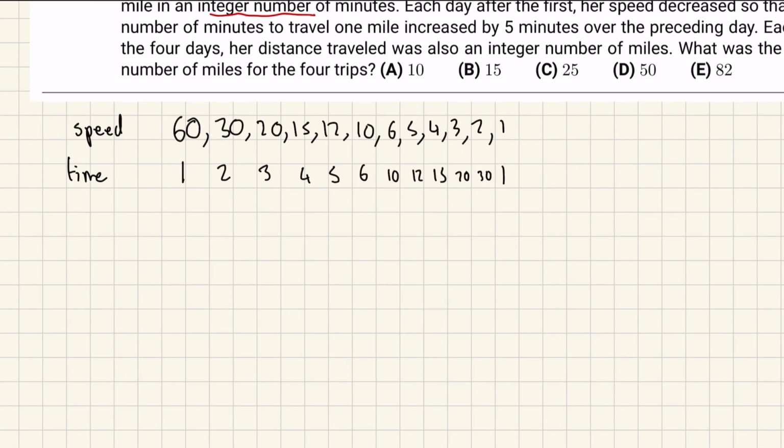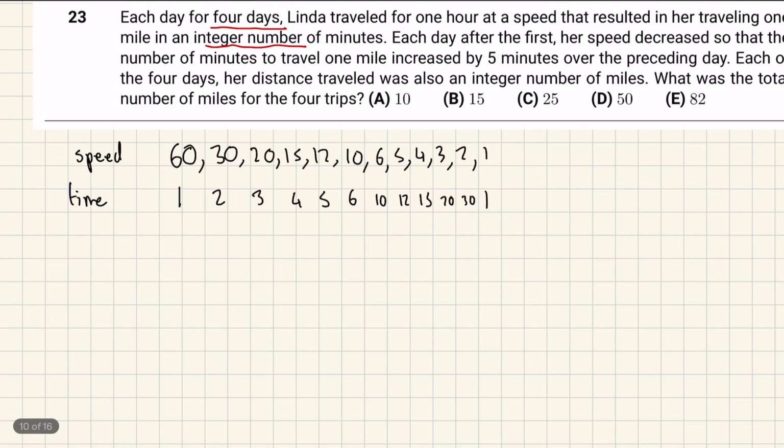Now we need to make sure that the number of minutes increases by 5 each time, so it's 4 days, so we've got to find 4 different times that are separated by 5. Let's just go looking for them. Right, we can find them: 5, 10, 15, and 20. That's the only possibility.